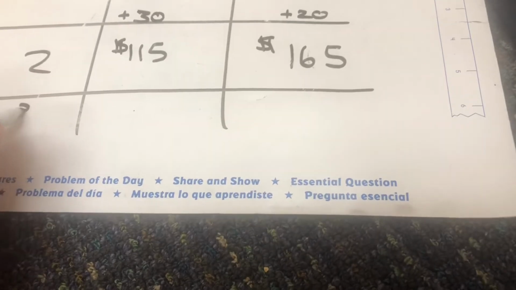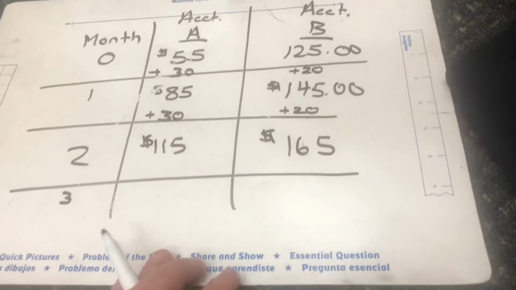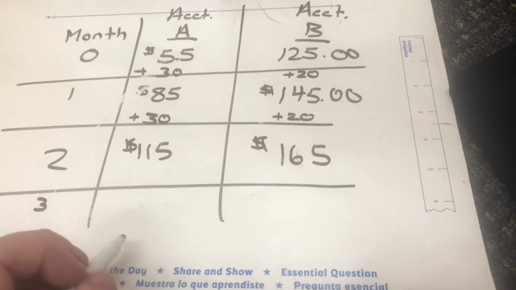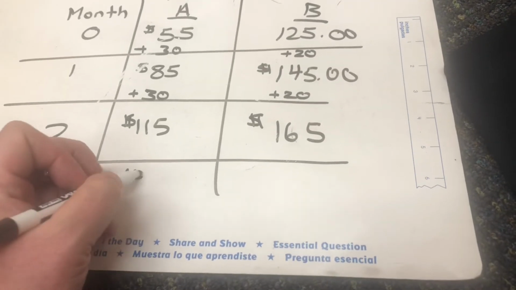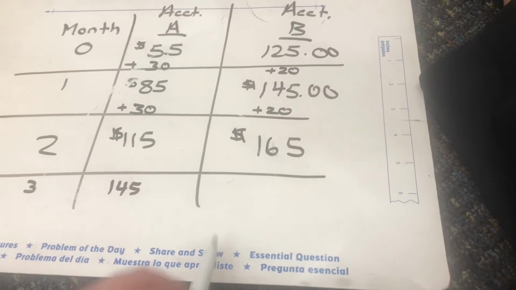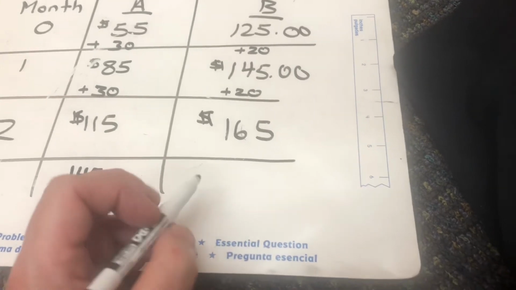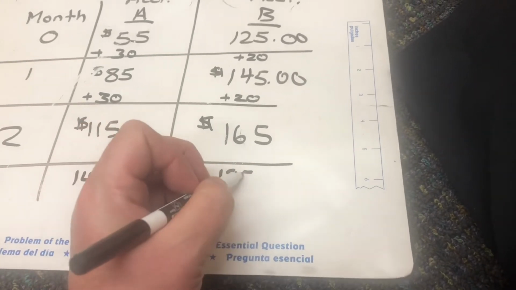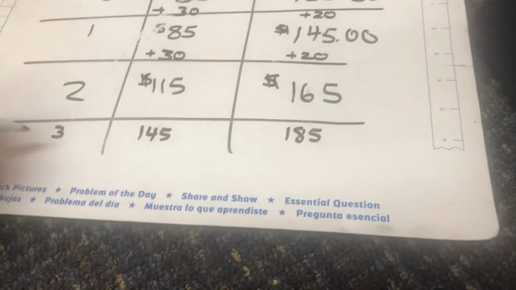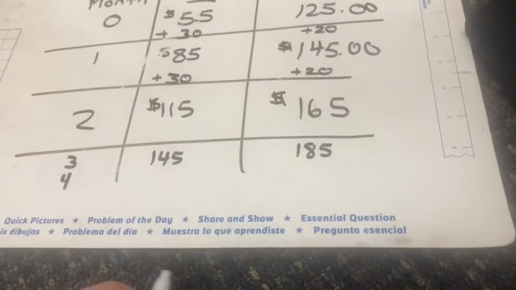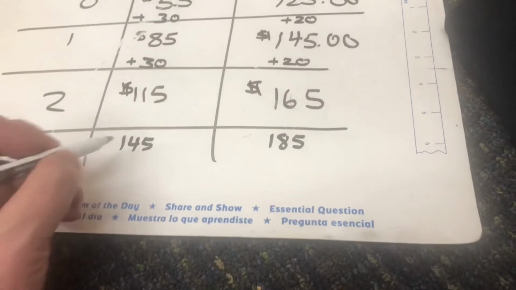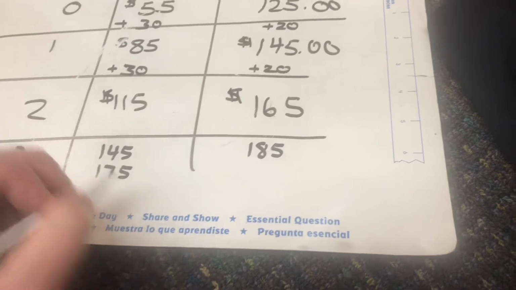So first of all, if I have month 3, if I add 30 to 115, I get 145. If I add 20 to 165, I get 185. So they're not the same yet. How about month 4? I add 30 to 145, 175.